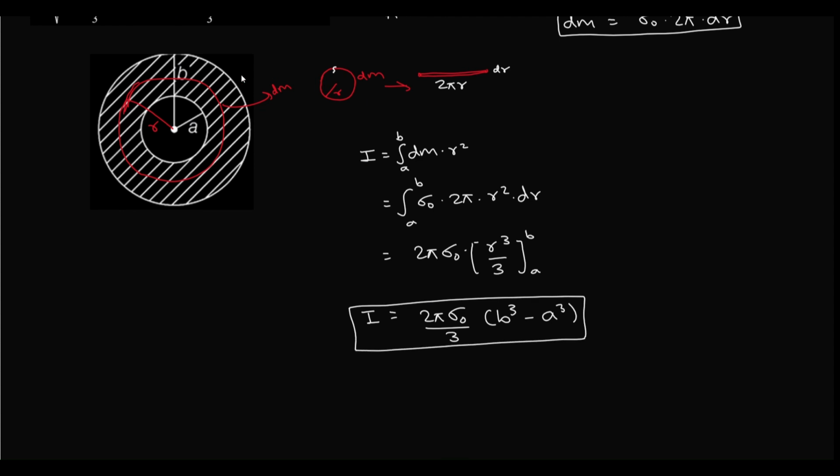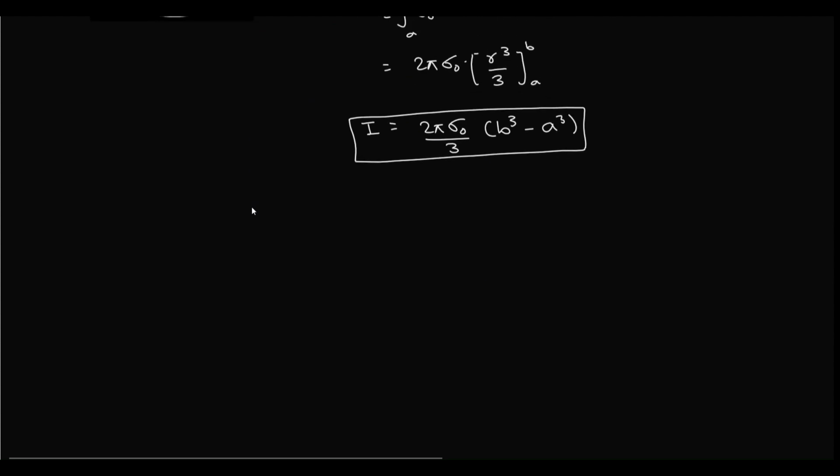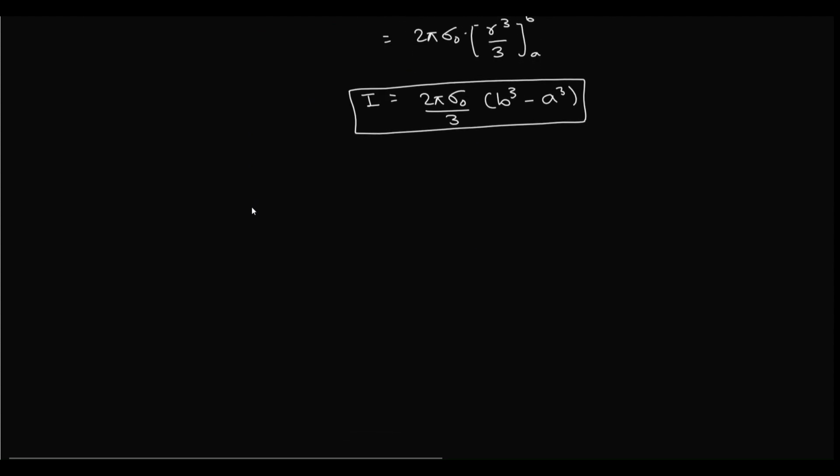Now we just have to find the radius of gyration. Before that, moment of inertia is mk square, so we have to find m, and we know dm. What is our dm?